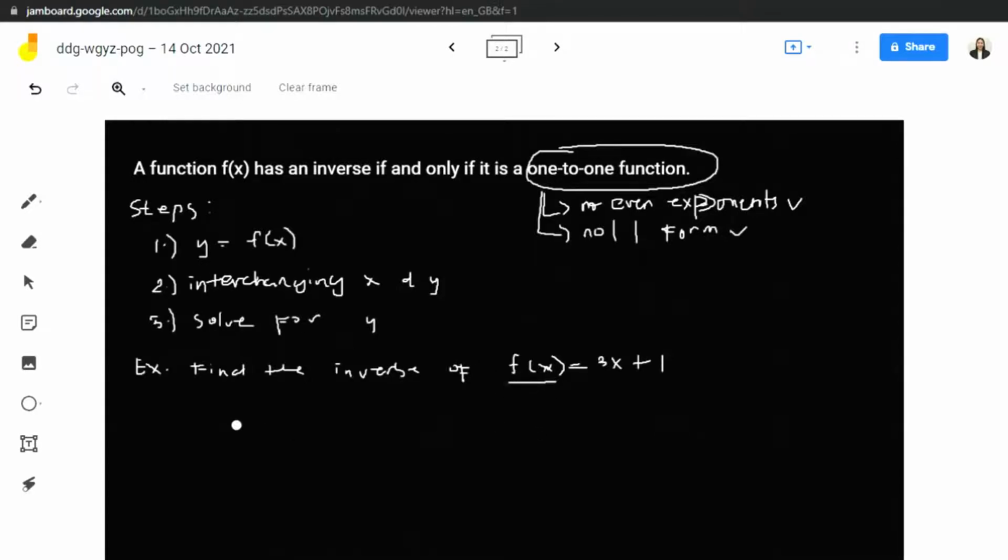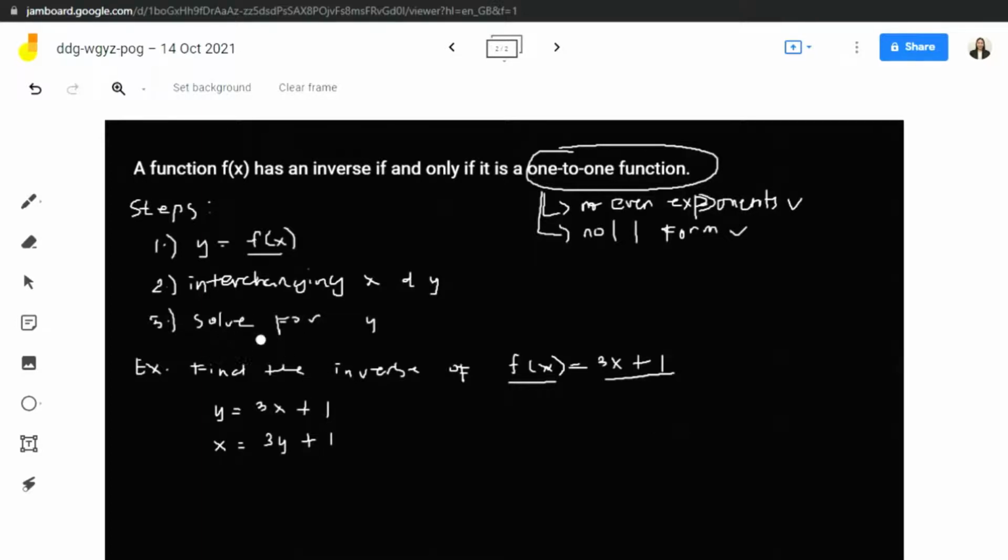So from f of x, we'll replace it with y, and our function, that is 3x plus 1. So we have y equals 3x plus 1. Second, we interchange the variables x and y. Y becomes x, and x becomes y. Just copy the constants. Now we have x equals 3y plus 1.